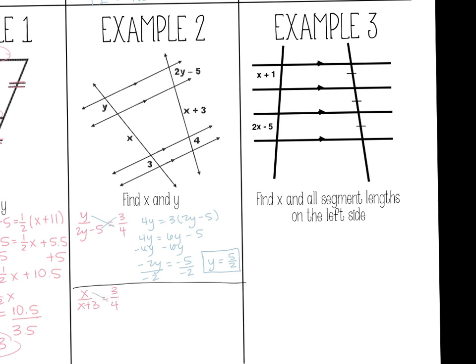And then now cross multiply. So I have 4x equals 3 times x plus 3. And 4x equals 3x plus 9. Subtract my 3x, and x equals 9.